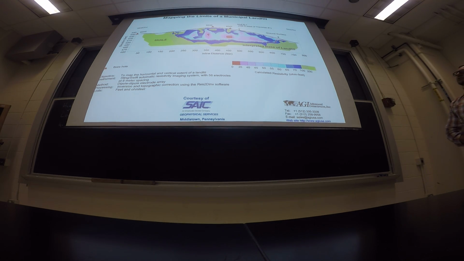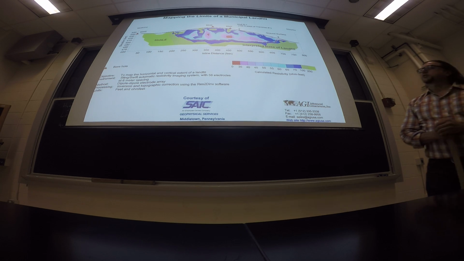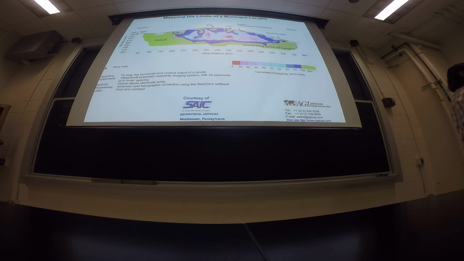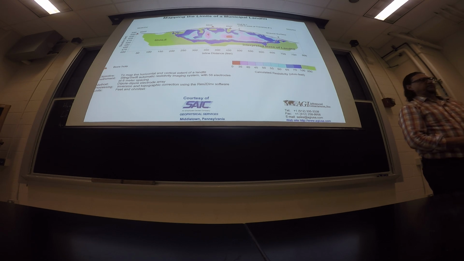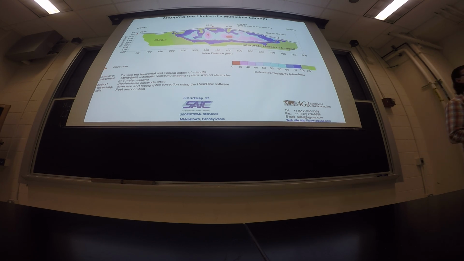Here's a case of using resistivity to characterize a landfill that had been closed. Okay, we all know that old landfills weren't really built as well as the originators thought they were to contain leachates. Does everybody know what leachate is? No?